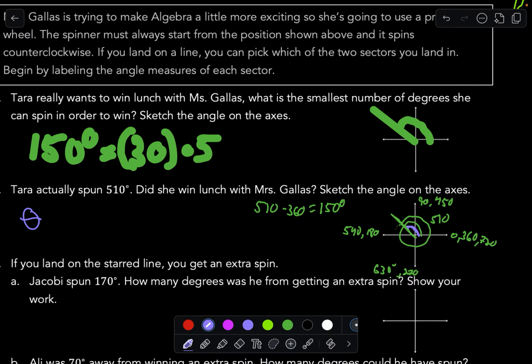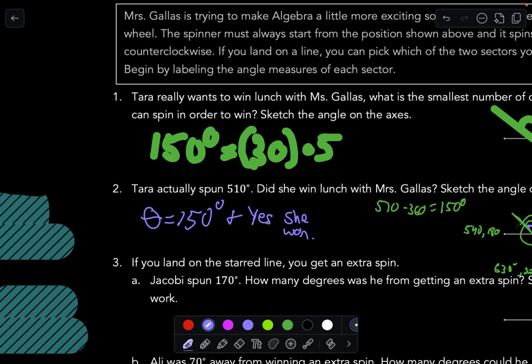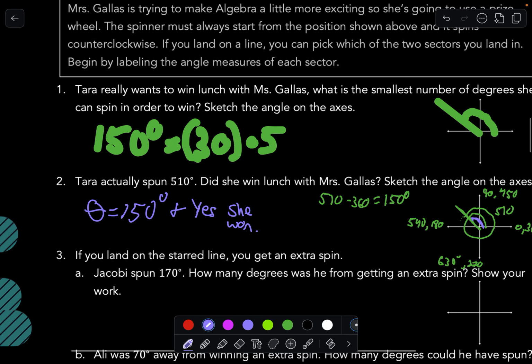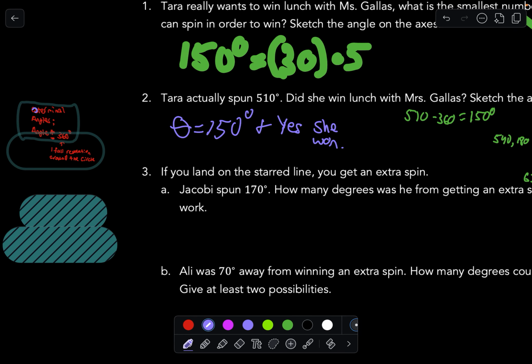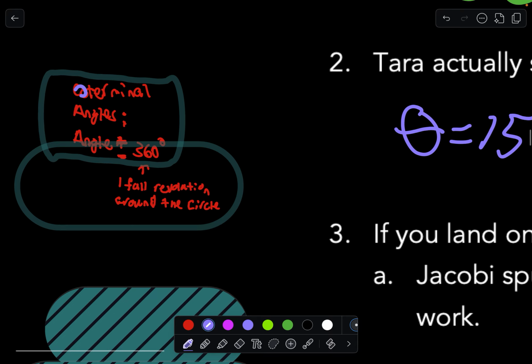So theta equals 150 degrees, and yes, she won. Okay. We call 150 and 510 coterminal angles.